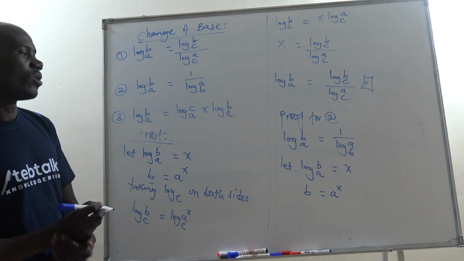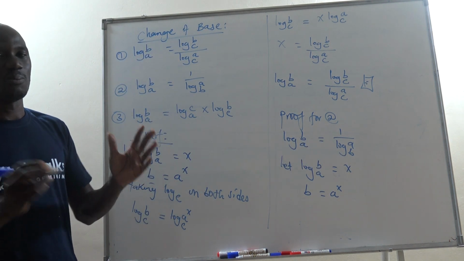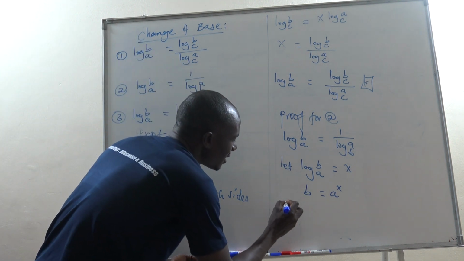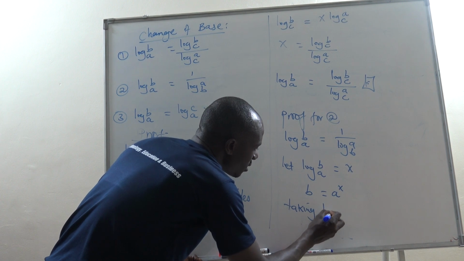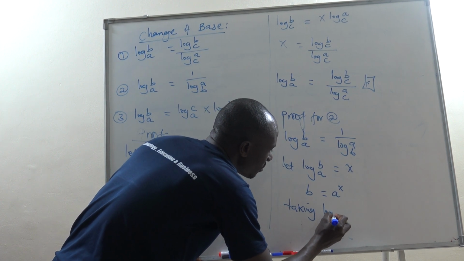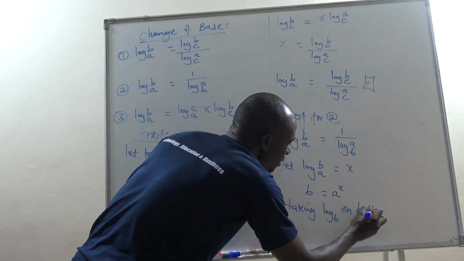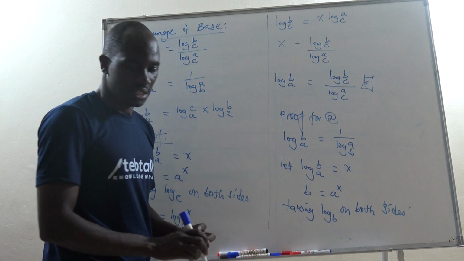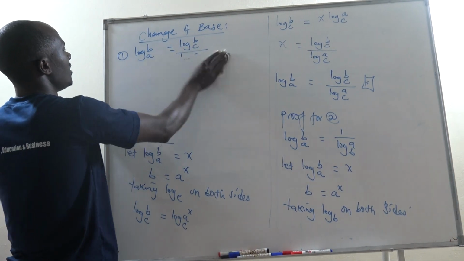So what I'm going to do, I can see here now there is log to base b. Taking log to base b or introducing log to base b on both sides, we can say taking log b on both sides. So we want to be taking those logarithms on both sides.